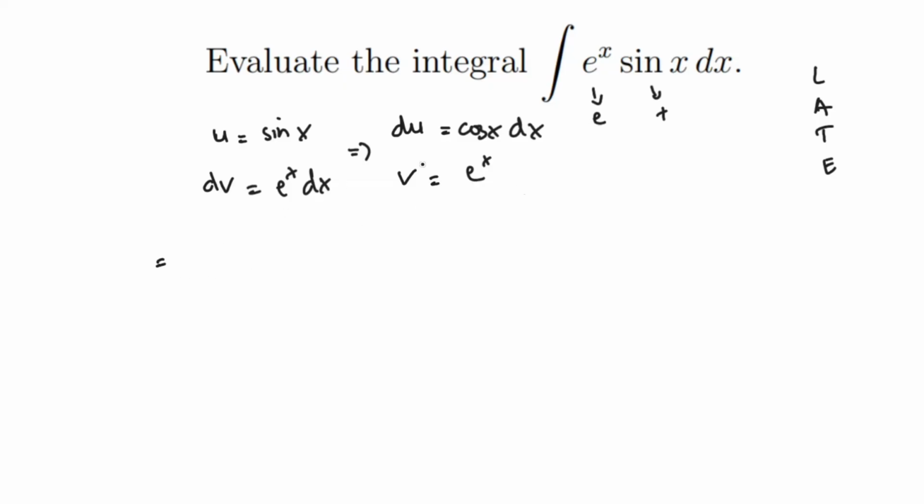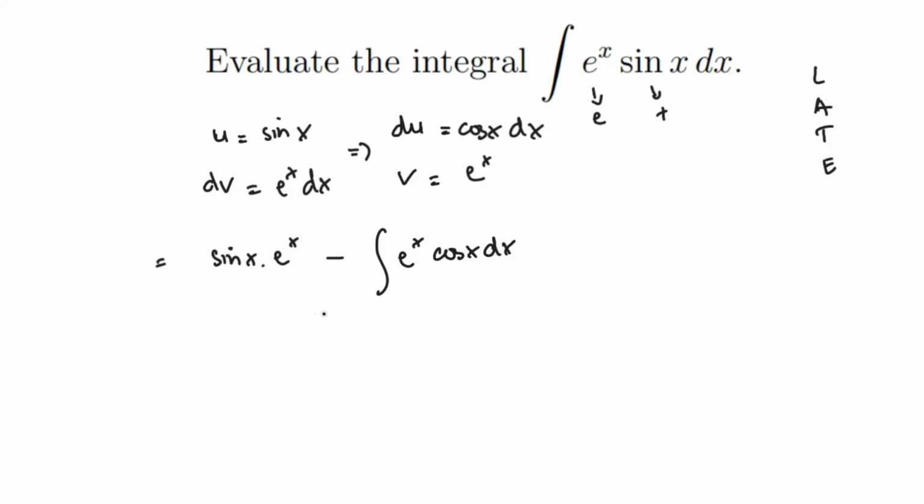So the integral equals uv, so sine x multiplied by e to the x, minus the integral of v du. So this is e to the x, and du is cosine of x dx. So this integral equals this one.